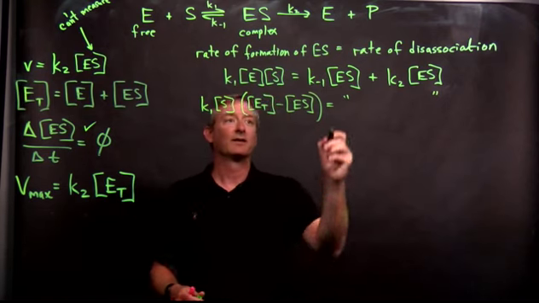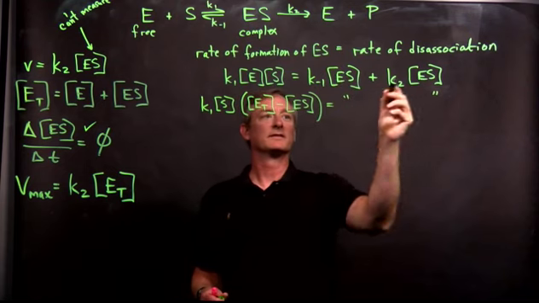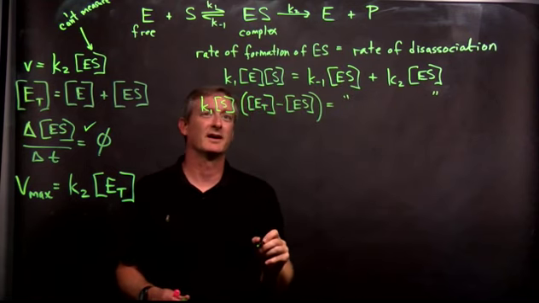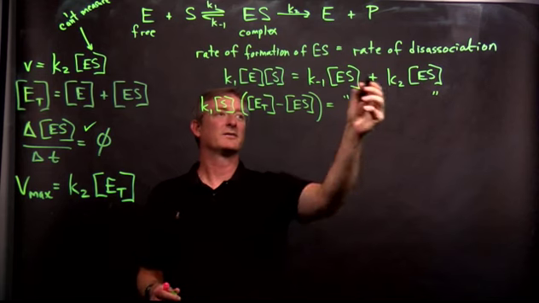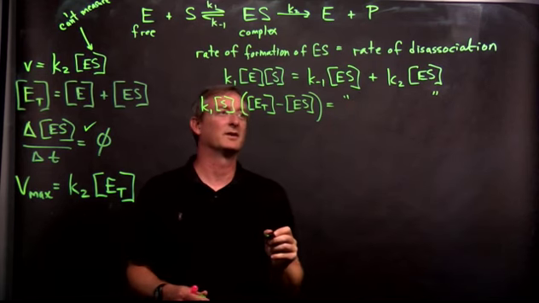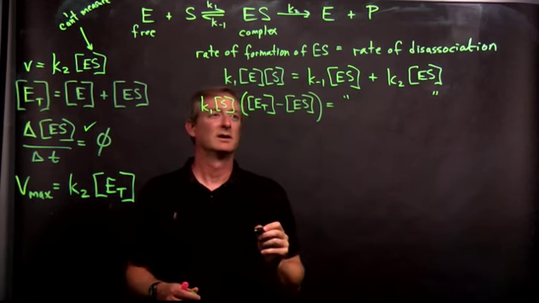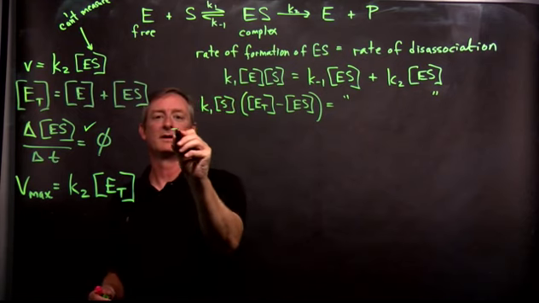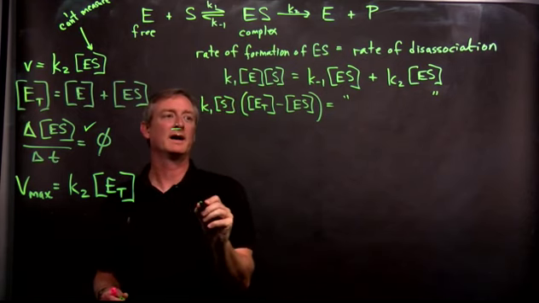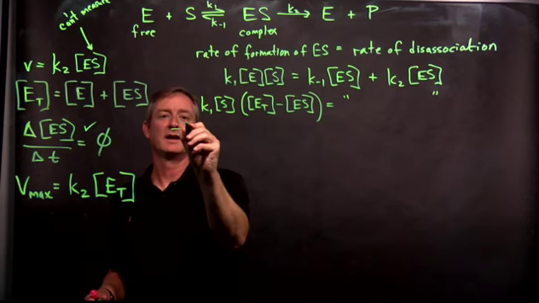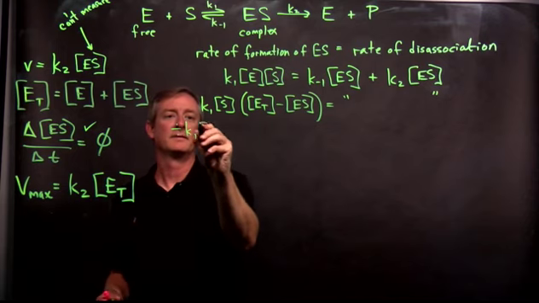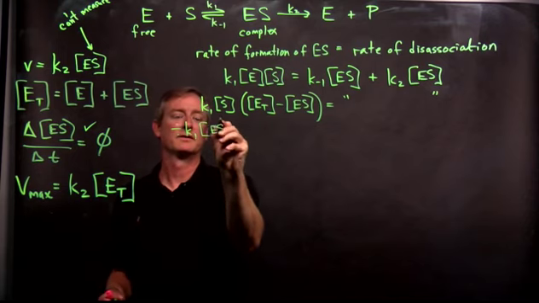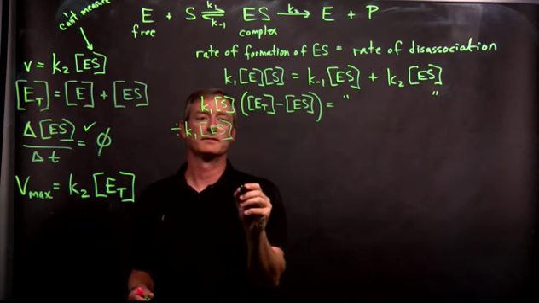Now, we've got to get all these enzyme-substrate complexes to the same side of the equation, and let's try to get all of our K values to the same side also. Why don't we divide everything by, let's say, K1 times enzyme-substrate complex? Let's see if that simplifies things.